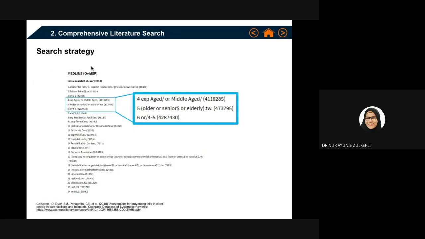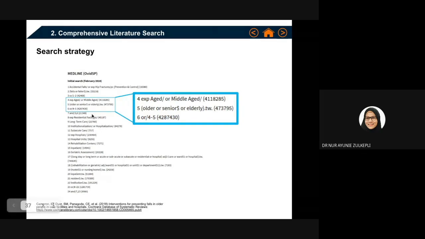Okay, so this is a Medline result, for example excluding aged or middle aged. So this is the total literature generated. When you search for this one, and all the senior or older or elderly truncation, you'll find 4,737,595 related articles for the initial search.